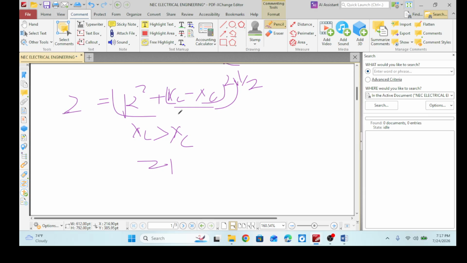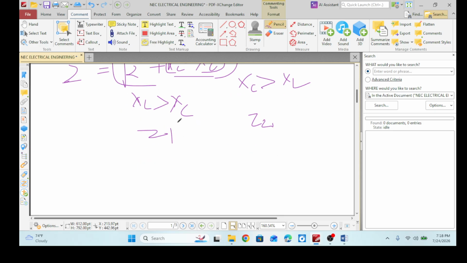Now if XC is greater than XL, that means it is a certain negative value, and its square is a positive value. R square plus a positive value would be Z2.